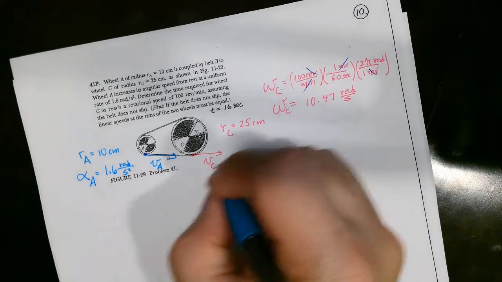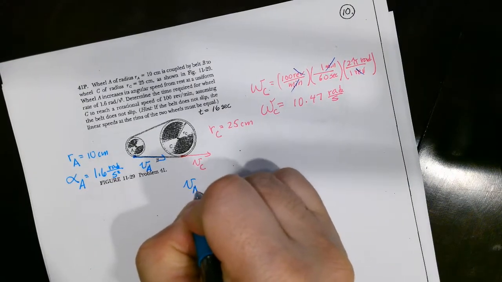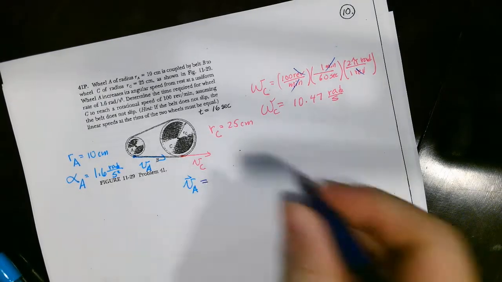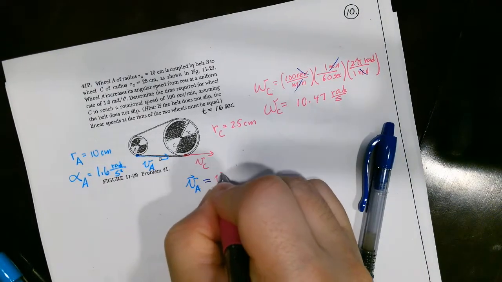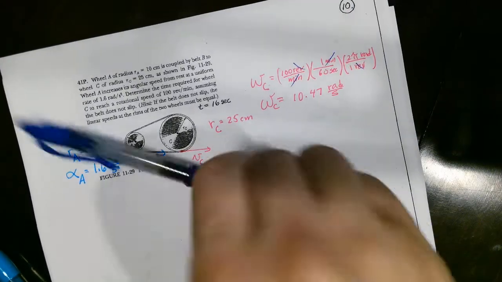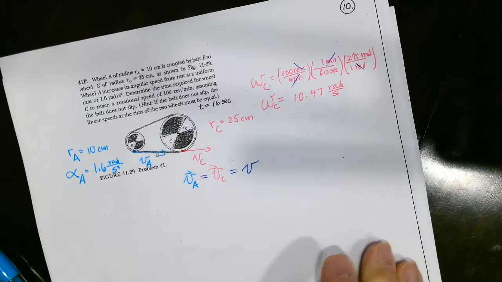So we can say that V at point A is equal to V at point C, which I'm just going to call V.